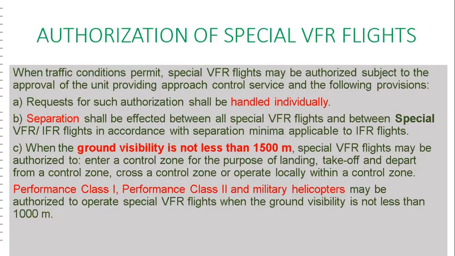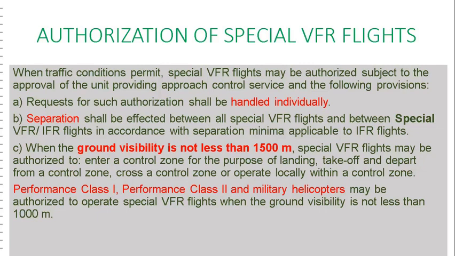In certain cases he can approve special VFR. The minima we discussed for VFR flights is 5 kilometers if below 10,000 feet, 1,500 meters horizontally, and for class F and G it should be clear of cloud and remain in visual contact with the terrain.